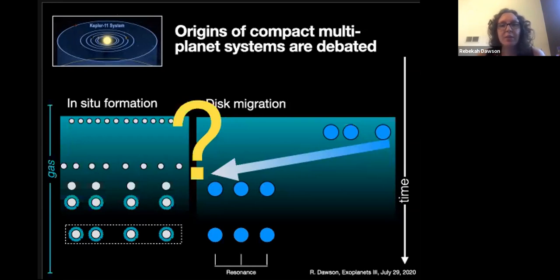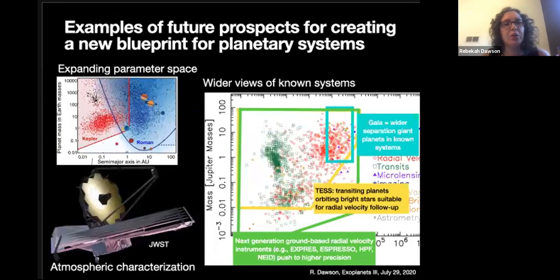So there are some exciting future prospects for creating a new blueprint for planetary systems. There are going to be a lot of really interesting talks about this on Friday, so I'm just showing a few examples now. We'll be able to expand the parameter space of known planets with future microlensing missions, and that's sure to reveal more interesting and intriguing demographic trends.